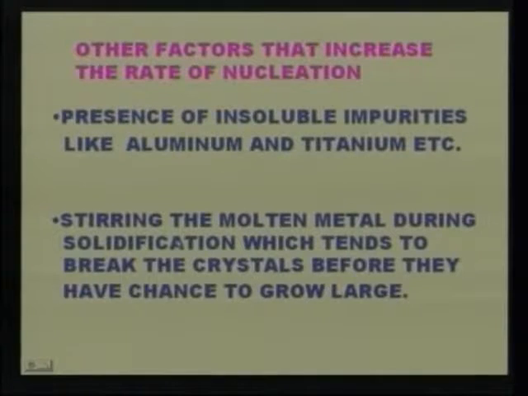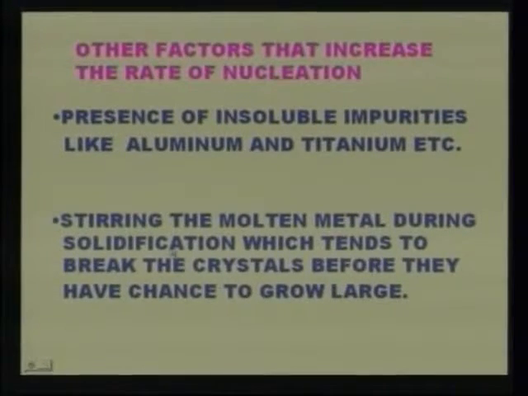Now consider another factor, that is stirring the molten metal during solidification, which tends to break the crystals before they have a chance to grow large. As we discussed, coarse grain material is disadvantageous. If the grain size is increased, we lose some of the advantages in mechanical properties.